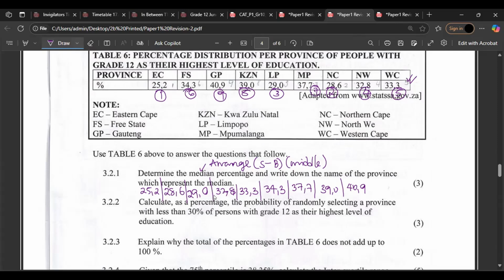Then that's where we are. So it's not bad to count them again: 1, 2, 3, 4, 5, 6, 7, 8, 9.